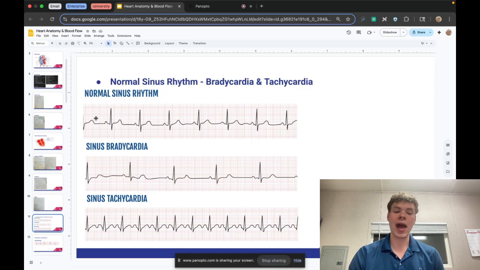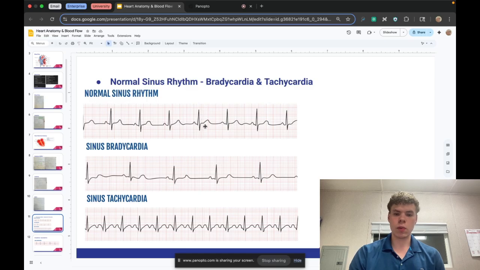And the way you can actually look at the EKG and count the pulse is, it's very hard to see the very tiny boxes here, but each very small box is 0.04 seconds, right?